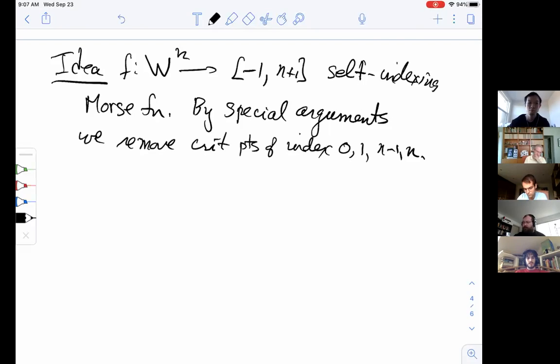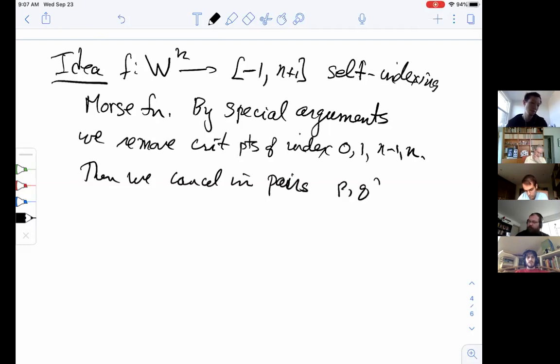Anyway, we get rid of all of those critical points, and then we cancel in pairs critical points P, Q of index K and K plus 1. And we do this starting with the lowest index critical point.